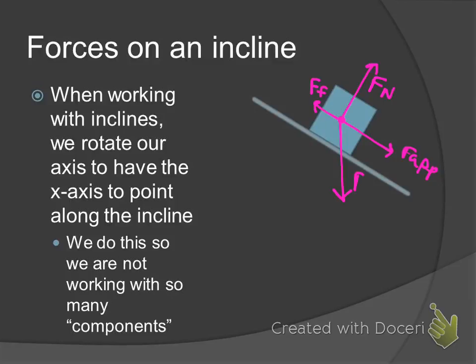So here's Fg, and we know our axes look like this. Okay, so the green lines are the axes. So now the gravitational force is one that has to have components. The normal force is still purely vertical. The applied forces and the frictional forces are purely horizontal. Okay, so now the gravitational force is the only one that would require components. Does that make sense? Yes. Okay, so we're going to look at how to work with these gravitational components.